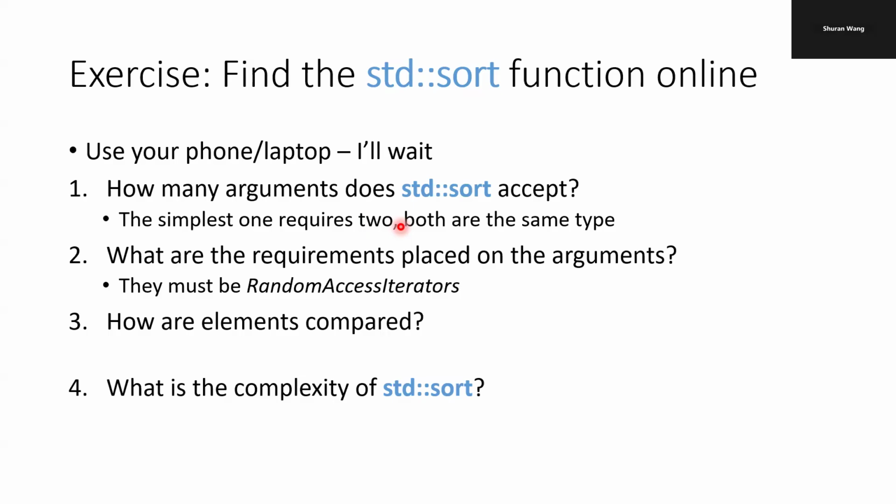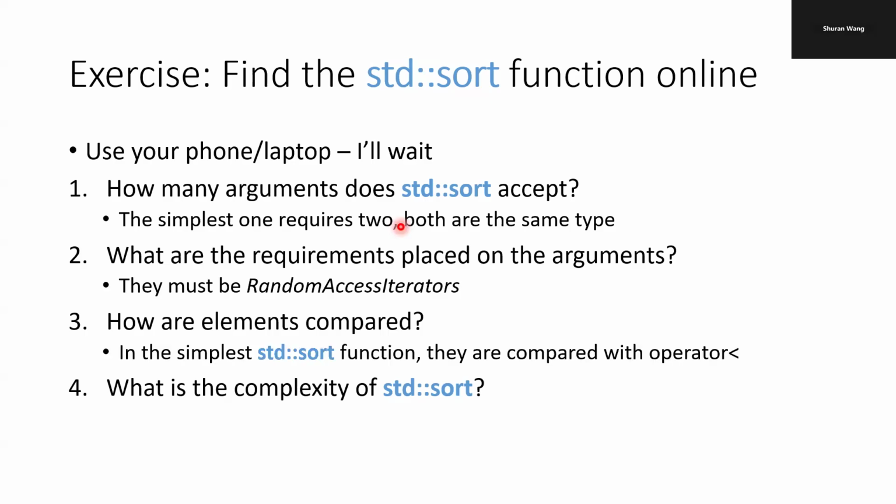How are the elements compared by sort? It uses the operator less than, which is similar to the comp function, but it's just specifically written for the template type that's used.